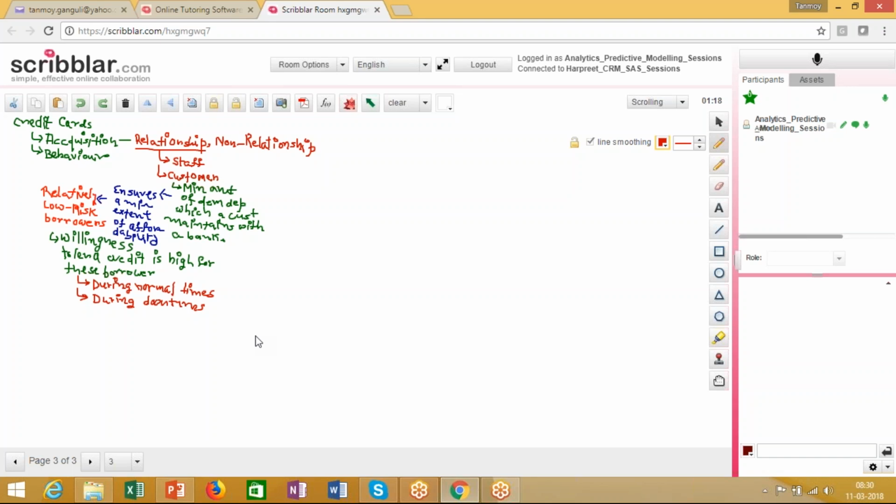Now, if a bank lends indiscriminately to non-relationship or relationship borrowers, there are high chances that non-relationship borrowers would default, because they do not have any kind of minimum deposit with the bank.